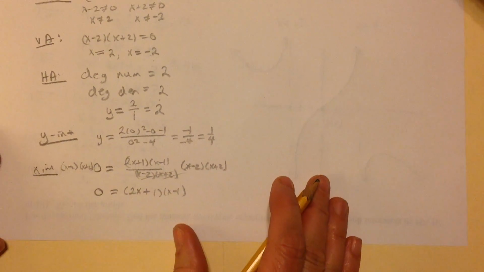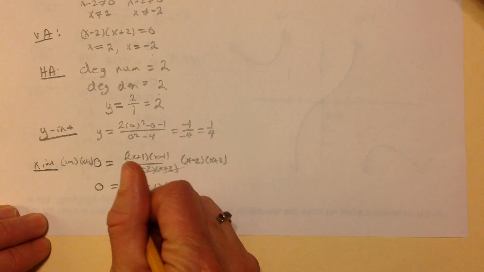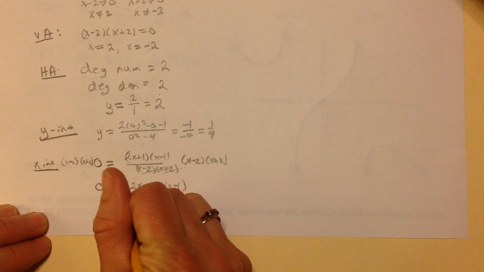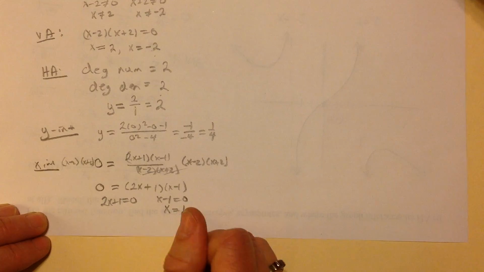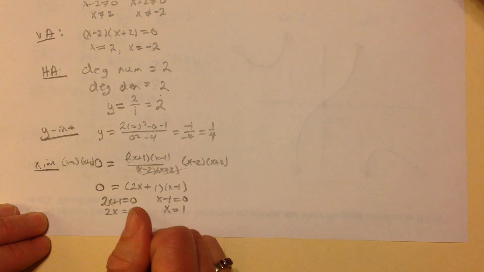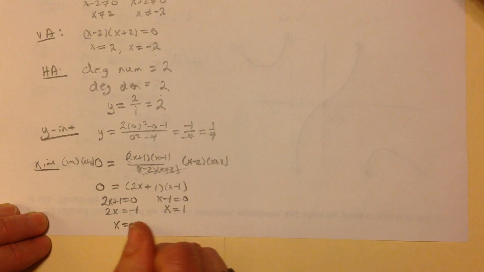Since I've used the factored form, I just now set each factor equal to 0, which gives me answers of positive 1 and negative 1/2.